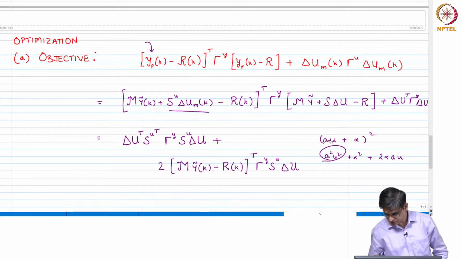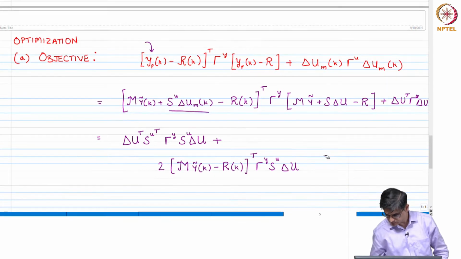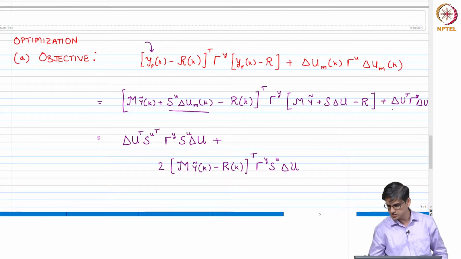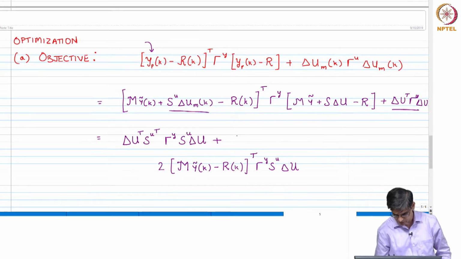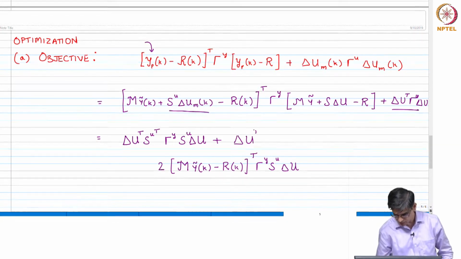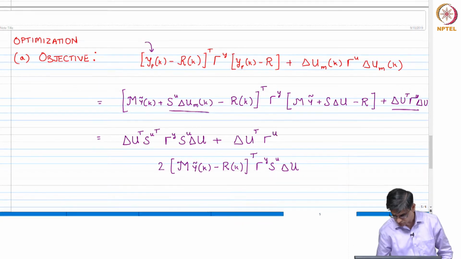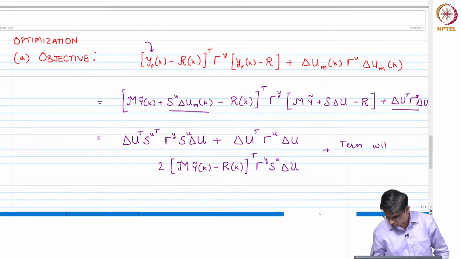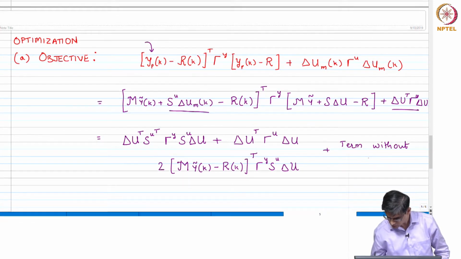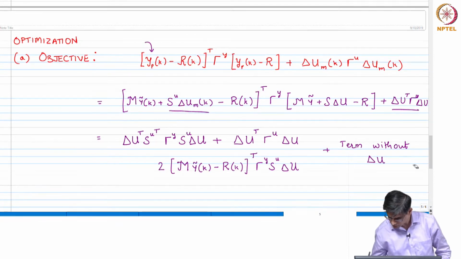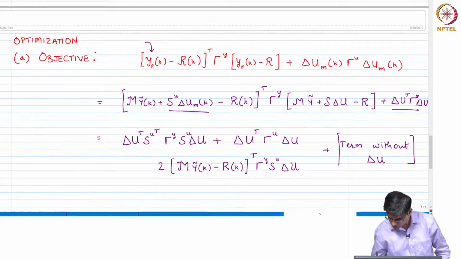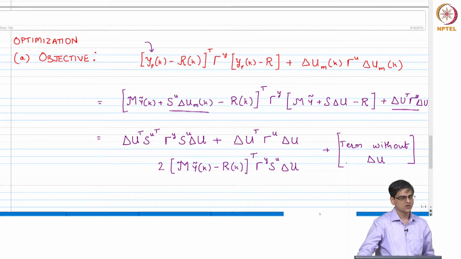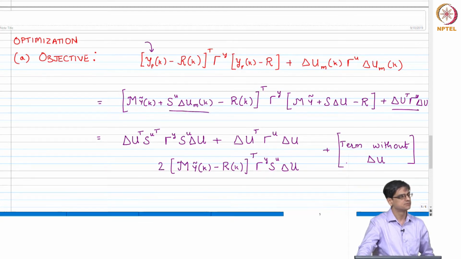Okay. So, I will just erase this. Okay. Then this term is also there, so that you will have delta u transpose plus the term without delta u, which is just going to be my minus r transpose gamma y multiplied by my minus r.